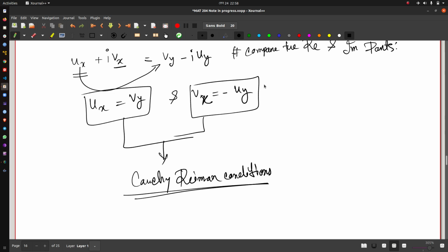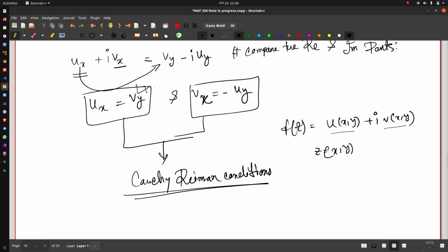Well, they guarantee that if you have a function f of z which you have written as, let's say, like this, assuming that they have a first order partial derivative at some point, let's say the point is z, denoted with some x and y's. If they have continuous partial derivatives over there and u and v satisfy these two equations simultaneously, then at that point f of z will have a derivative, and this is a sufficient condition.